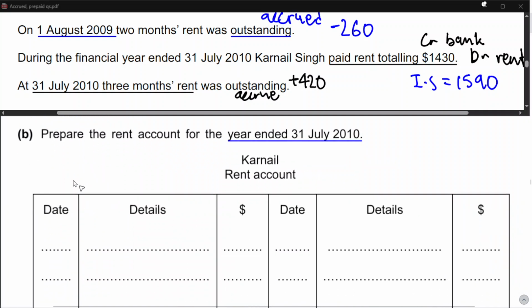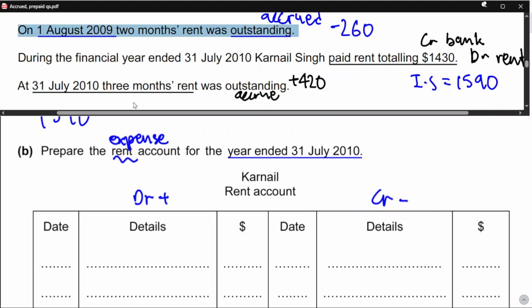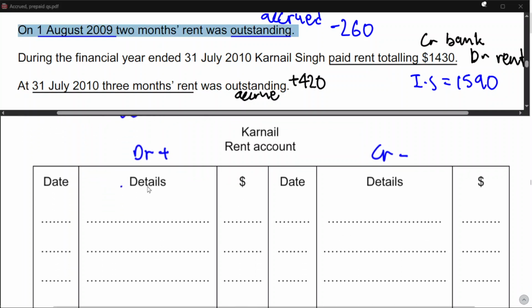Okay, so now let's record the account. So this rent is expense, so it's debit plus, credit minus. The first line say minus 260, minus 260, 2009 August 1, first day, so it's balance BD.